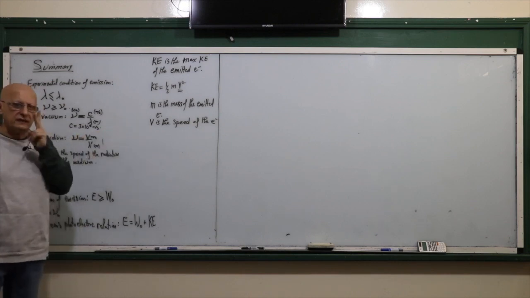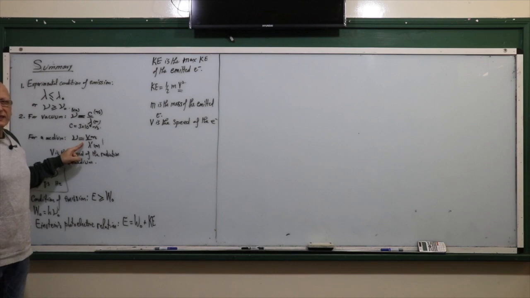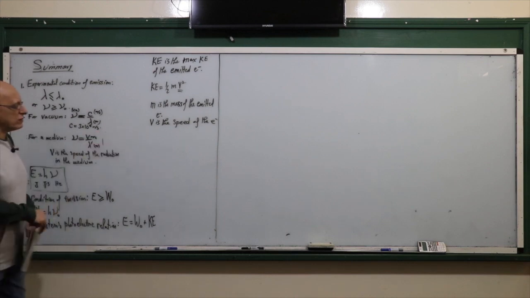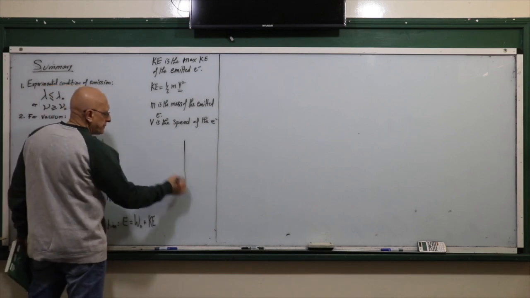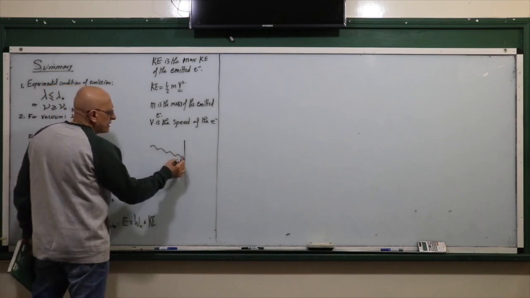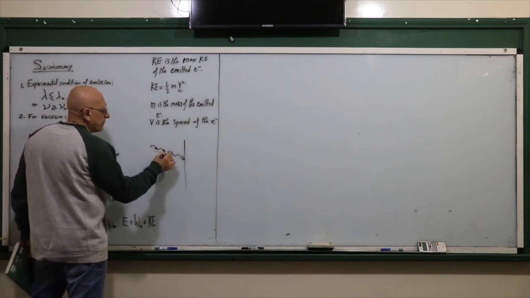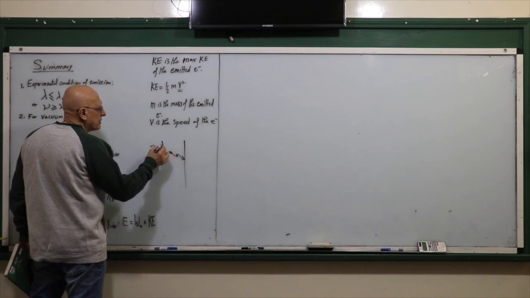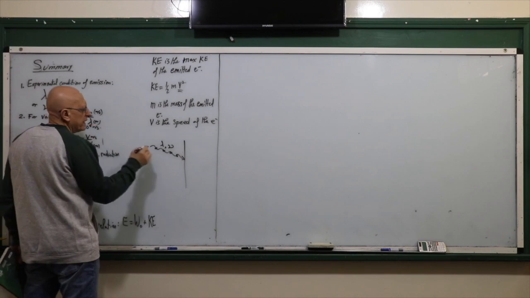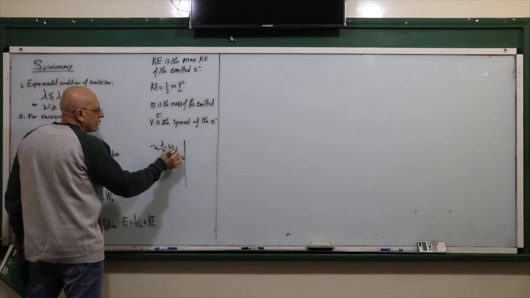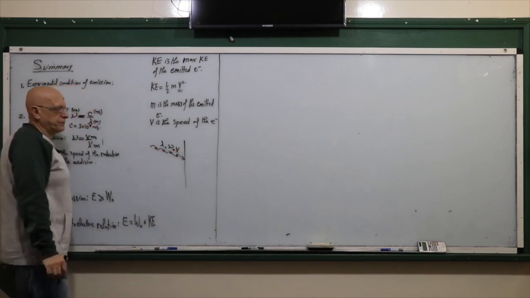You have two v's. This one is the speed of radiation, and this one is the speed of the electron. This means the radiation consists of photons. This radiation has a wavelength, a frequency, and a speed.